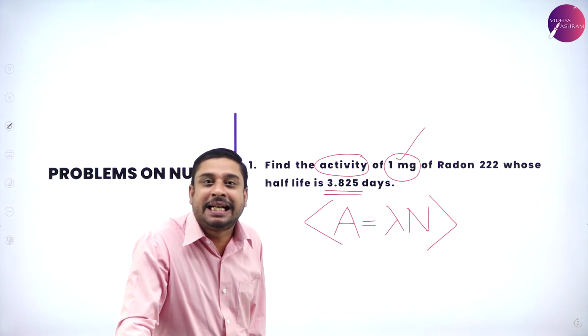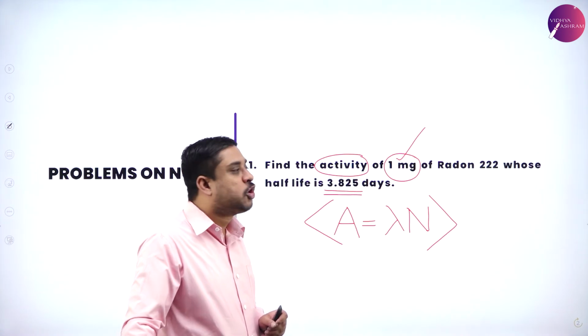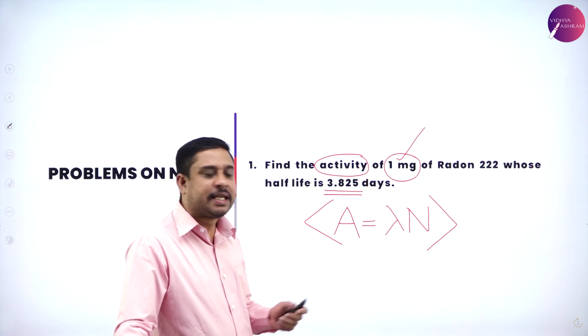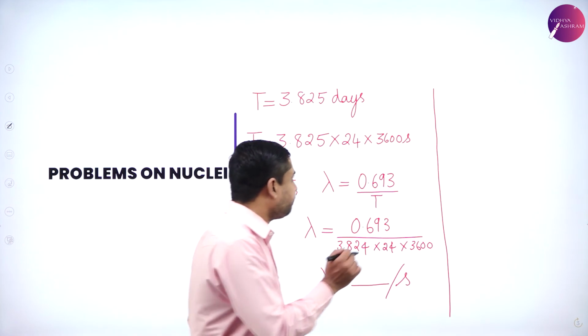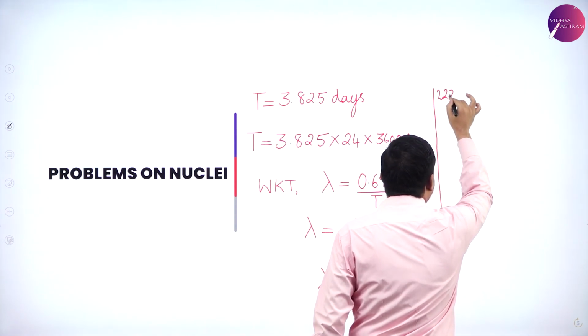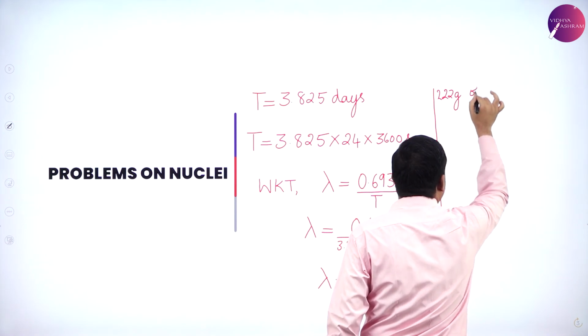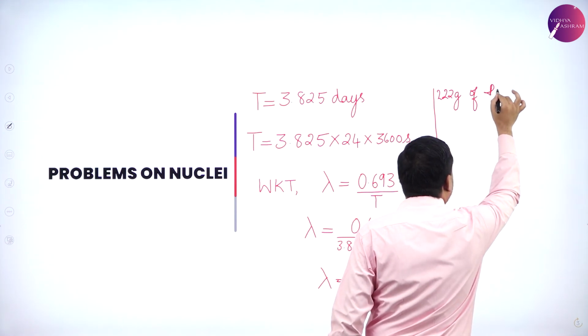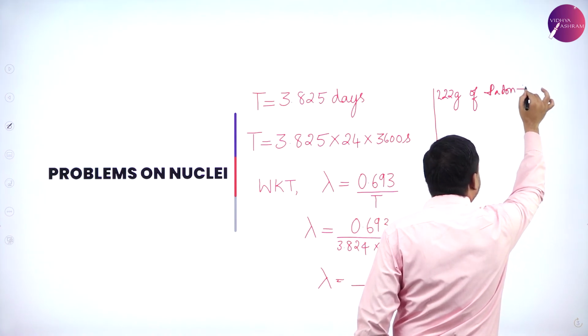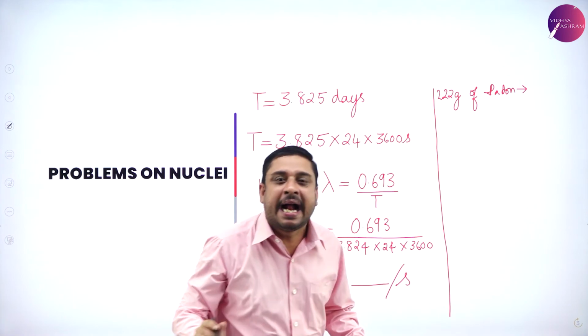So, 222 grams of radon has how many atoms?